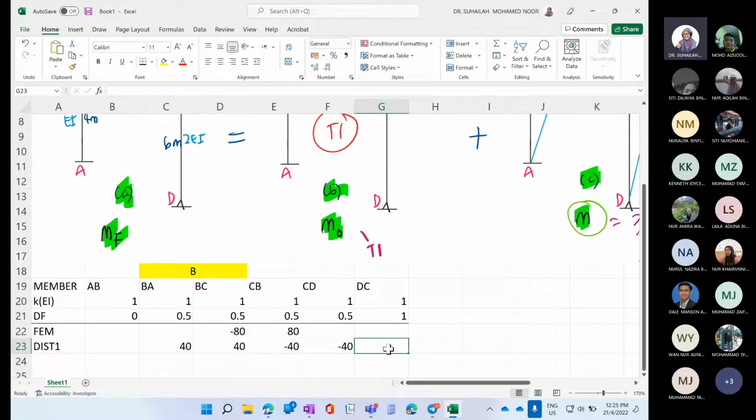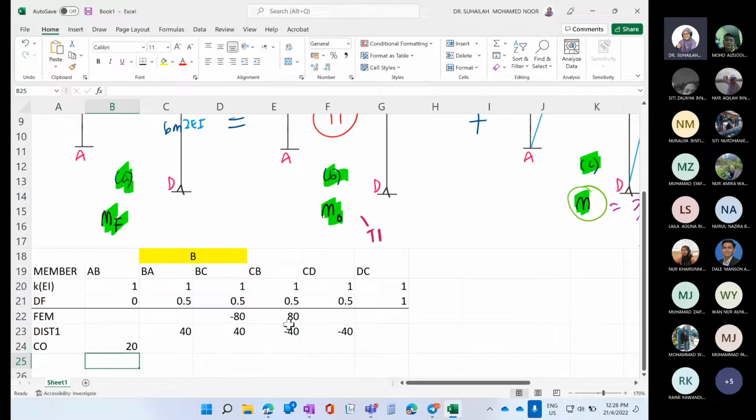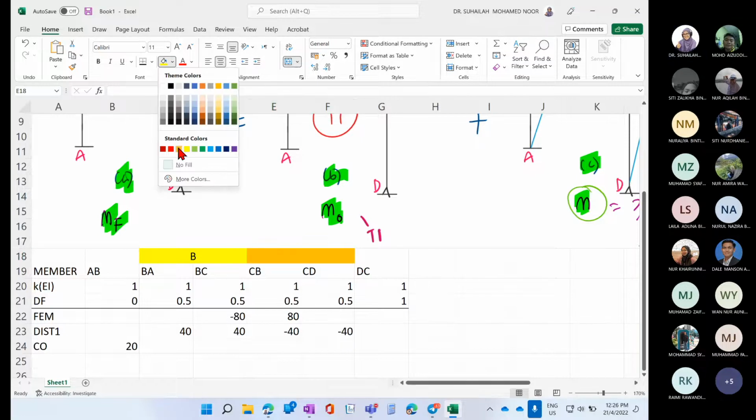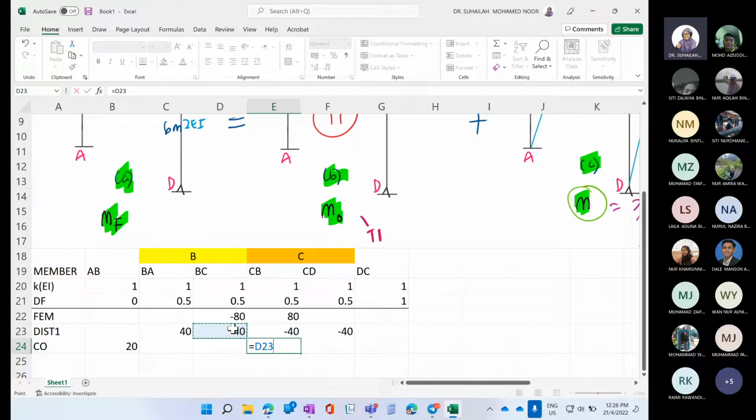This one actually has no value. If there is FEM, then you need to calculate. So, carry over. The carry over step is equal to 40 divided by 2 because the factor is 0.5. This one is joint C. So this is also 40 divided by 2, with factor 0.5.